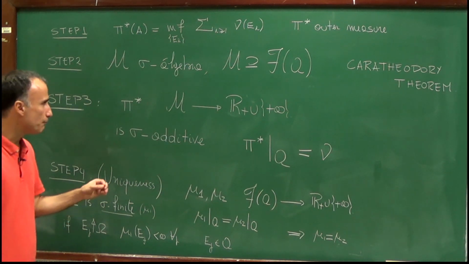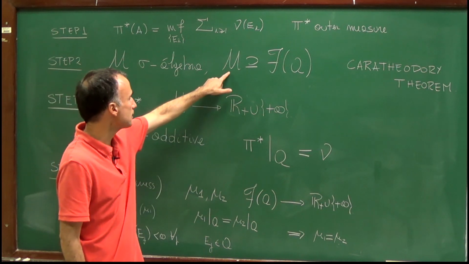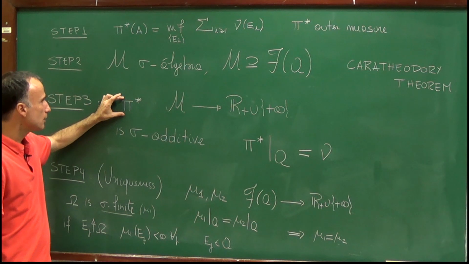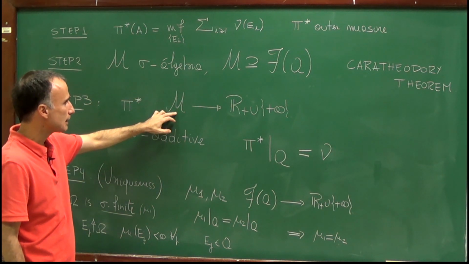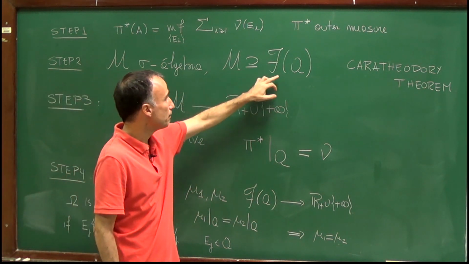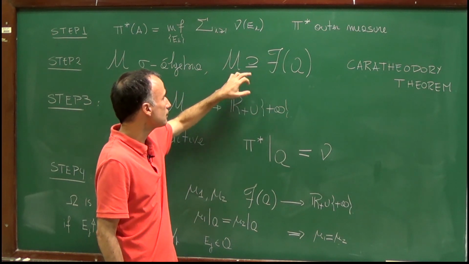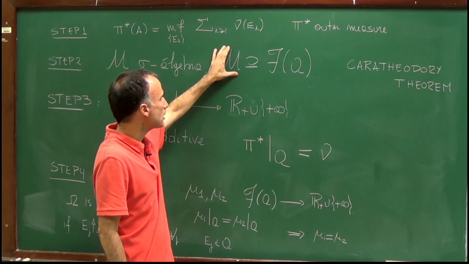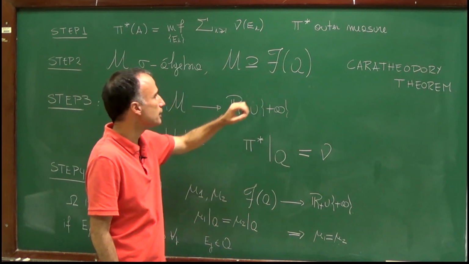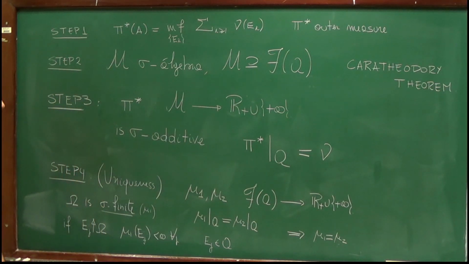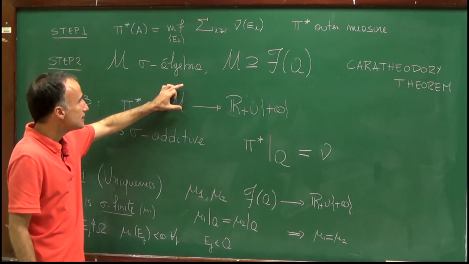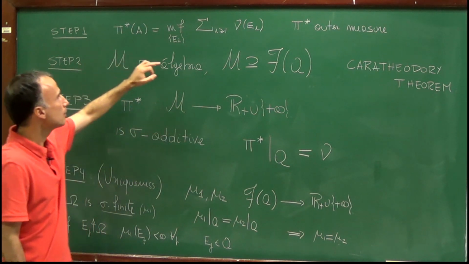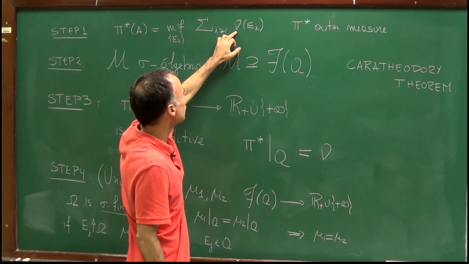And also, a remark which is important is that in fact we constructed the extension in this set M, which is bigger than the sigma algebra generated. In fact, we will see in the next lectures that in some examples, this sigma algebra is strictly bigger than the sigma algebra generated by A. And that this sigma algebra depends on the measure from which we started, right?